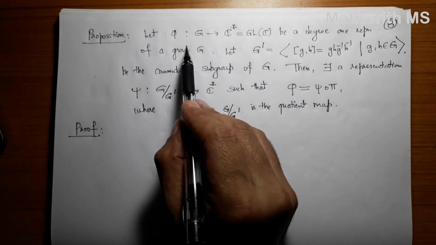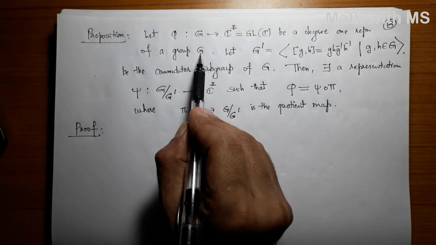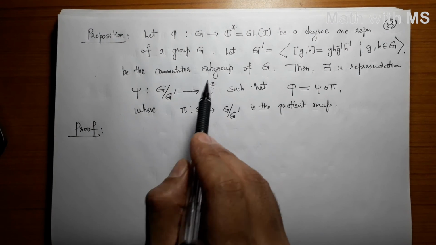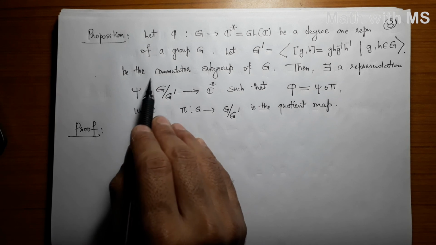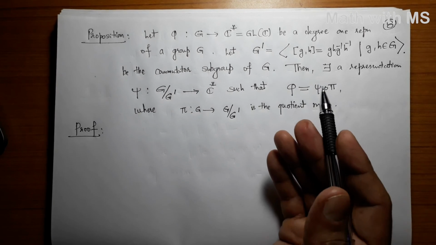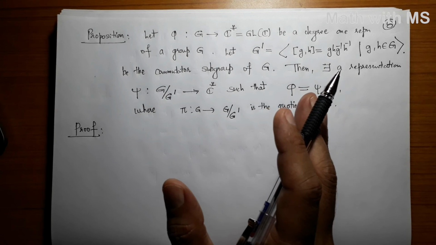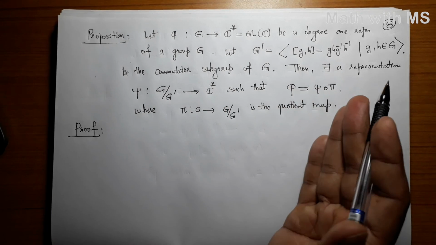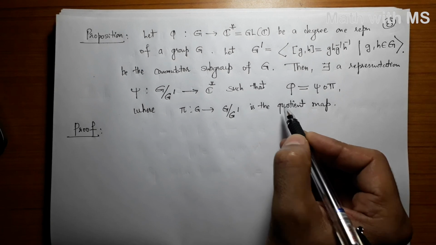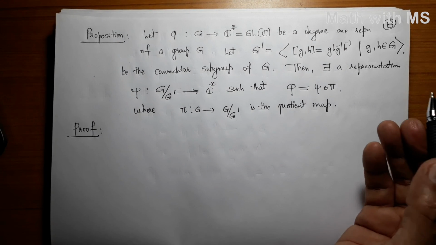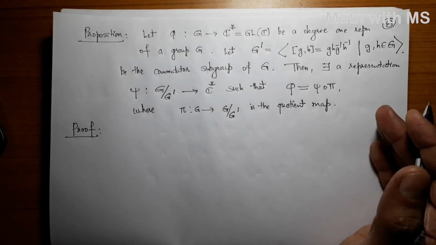Okay, if you are given a degree 1 representation of any group, then it comes from a degree 1 representation of its abelianization. Okay, and for abelian groups we will have a complete description of degree 1 representations, which are also irreducible representations. So therefore degree 1 representations of any group you can more or less find out if you know what the abelianization is.